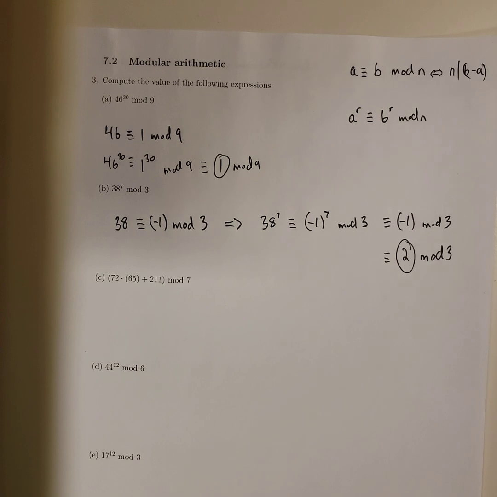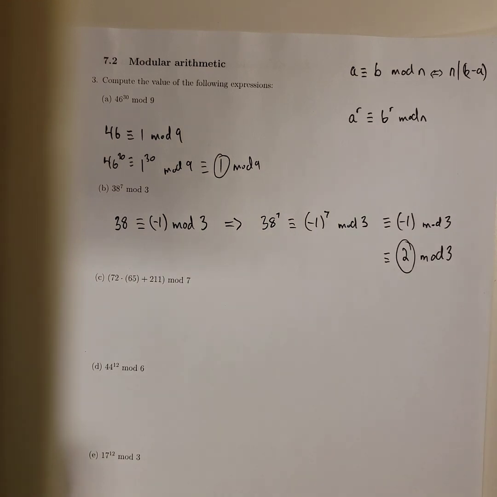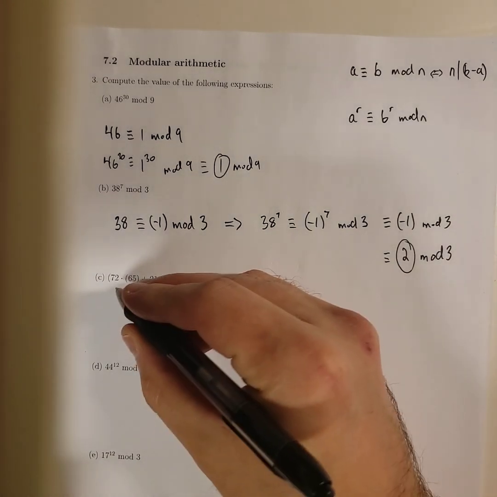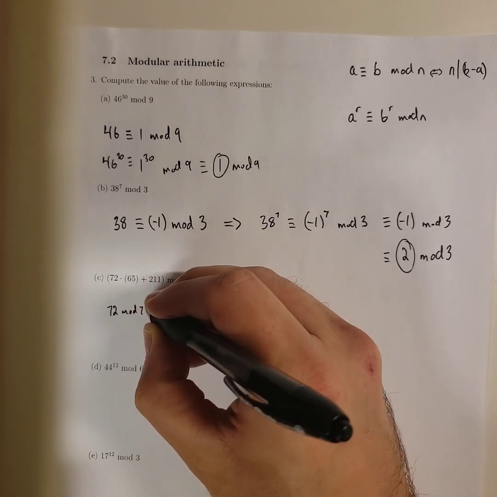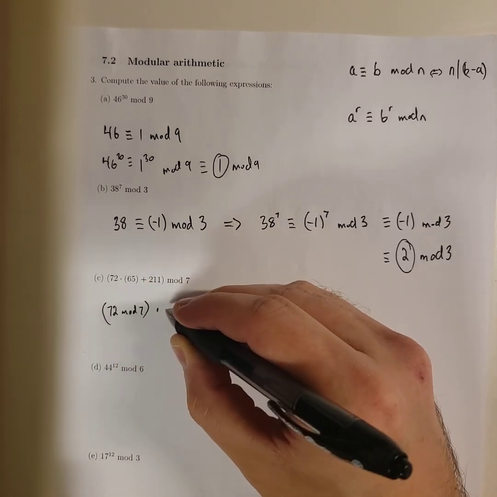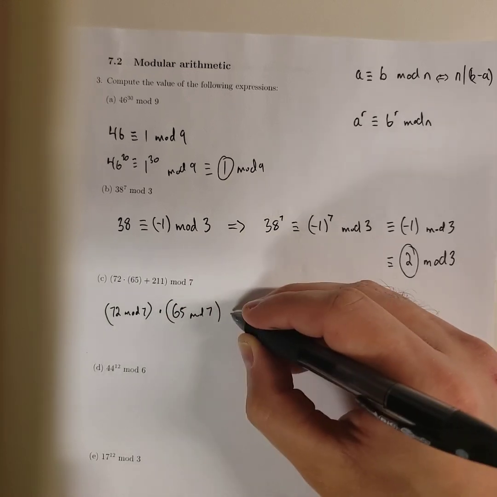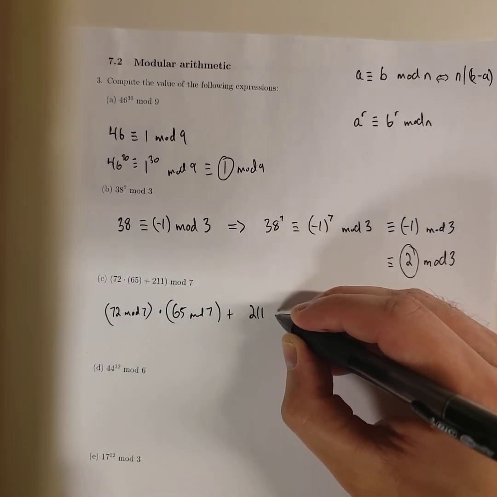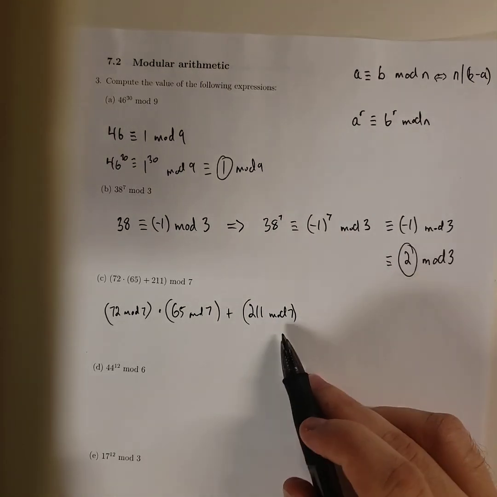The modulus operation, it's not hard to see that it distributes through addition and multiplication. So I could do each of these mod 7. So 72 mod 7 times 65 mod 7 plus 211 mod 7. So here I'm thinking of mod as the function.